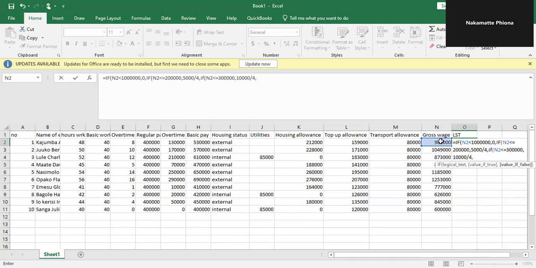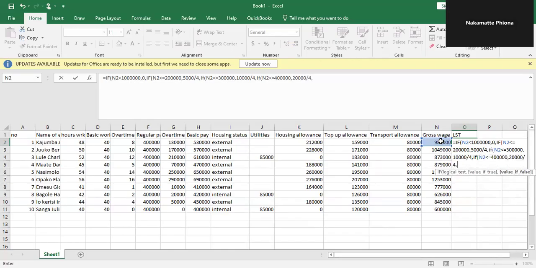If gross wage less or equal to 400,000, 20,000 over 4.